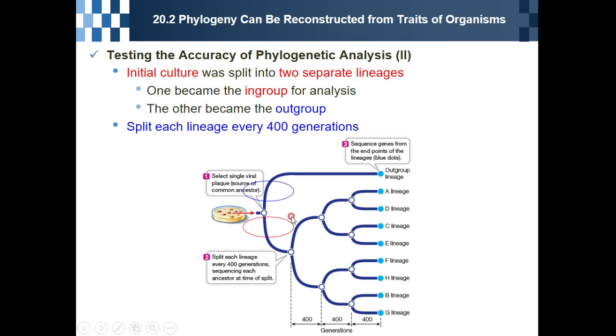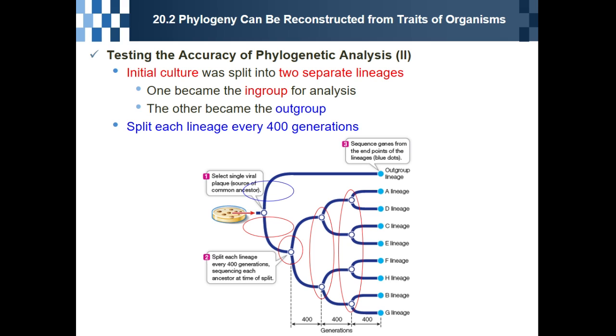One becomes the ingroup, and the other becomes the outgroup. And we also split each lineage every 400 generations. After 400 generations, they will split, and then again after another 400 generations, like this.